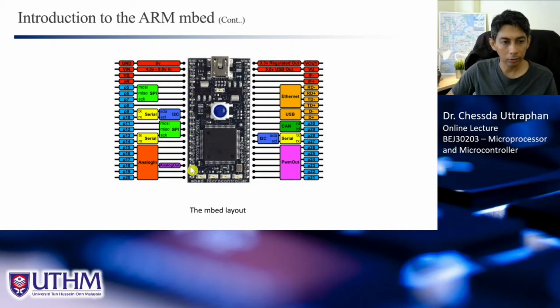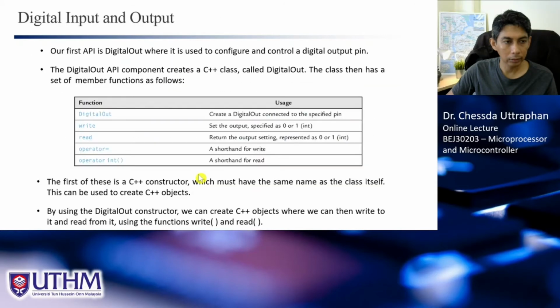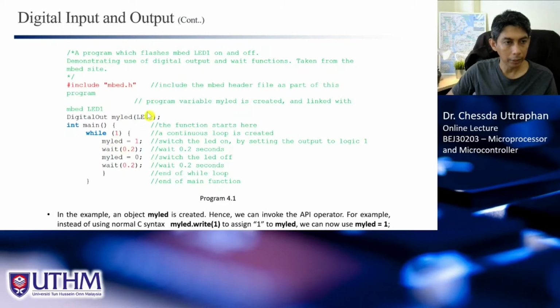So when we do this, it means that we want to access LED 1, and LED 1 is digital out, meaning this is the output, and we give the name for this LED 1 as my LED, right?